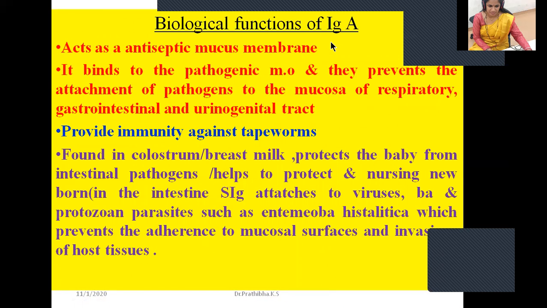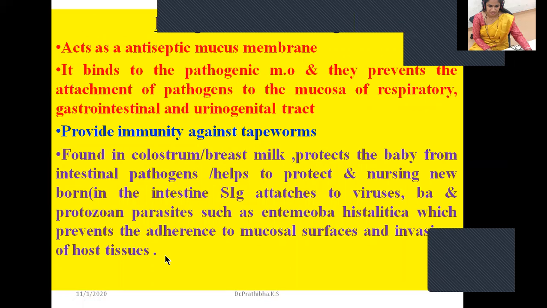This immunoglobulin, found in the colostrum or breast milk, protects the baby from intestinal pathogens and helps to protect the nursing newborn. In the intestine, the secretory immunoglobulin attaches to viruses, bacteria, and protozoan parasites such as Entamoeba histolytica, which prevents adherence to mucosal surfaces and invasion of host tissues.